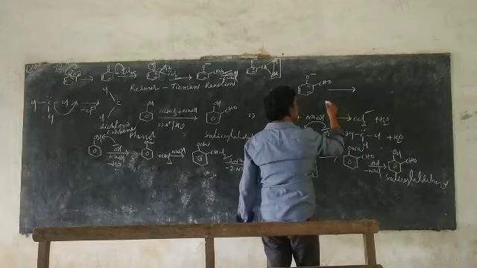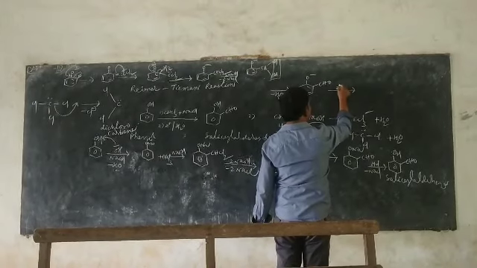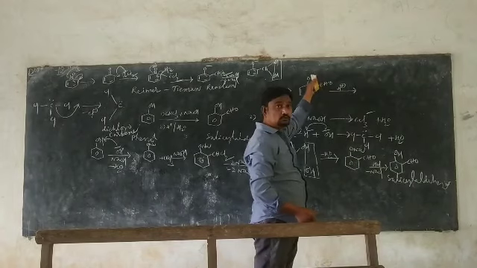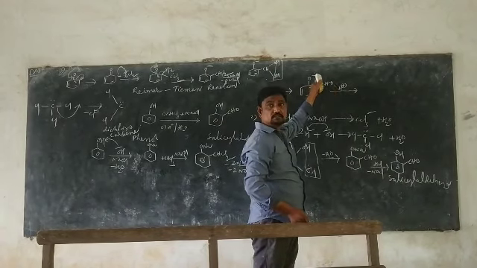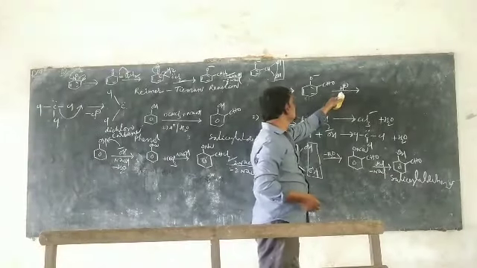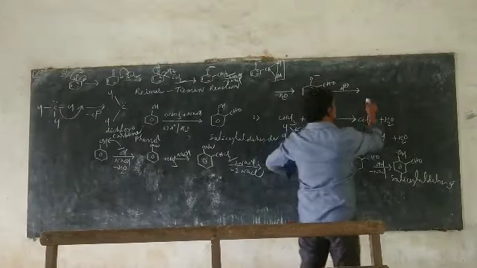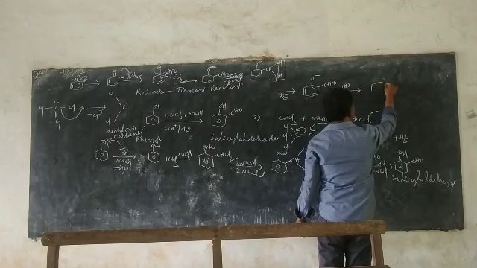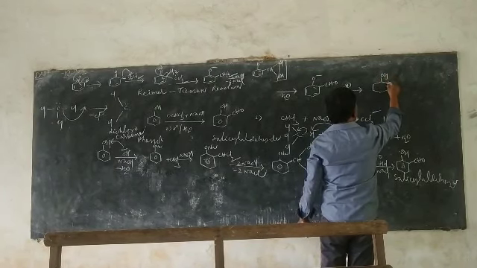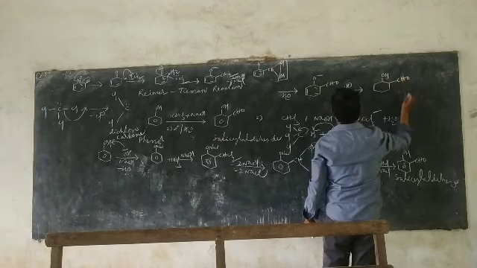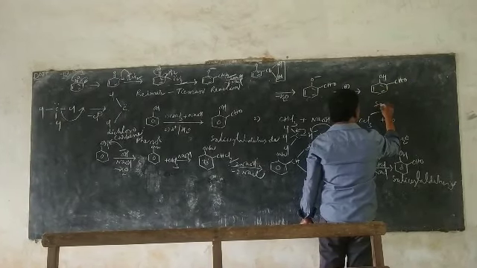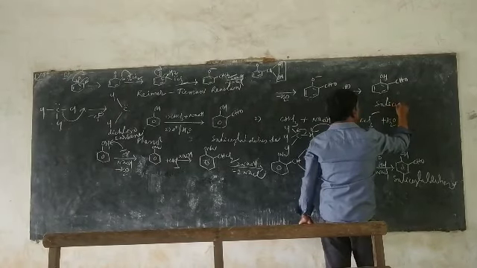Then on acidification, the O minus picks up a proton. This is salicylic aldehyde.